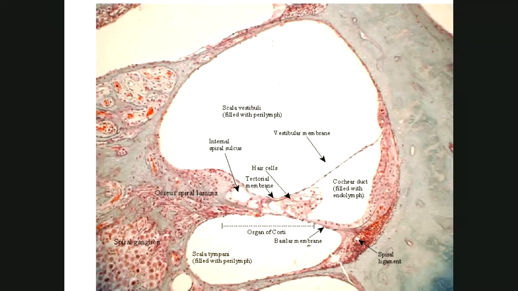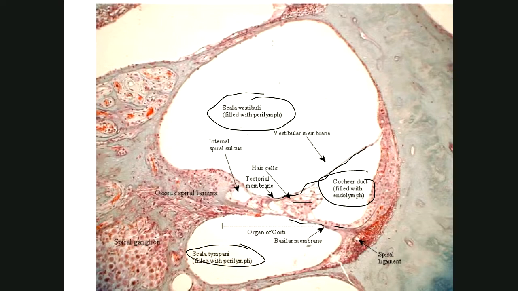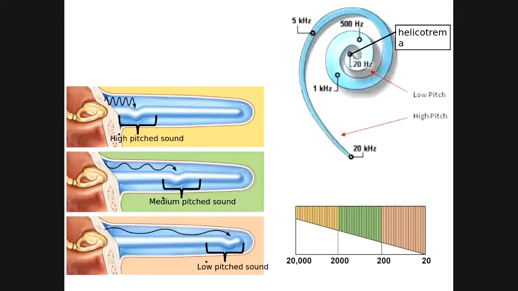This is the real one. So look, there's our vestibular membrane. There's our basilar membrane. There's the tectorial membrane. Here are our chambers. And this has perilymph, and this has perilymph. This one has endolymph. Any questions?